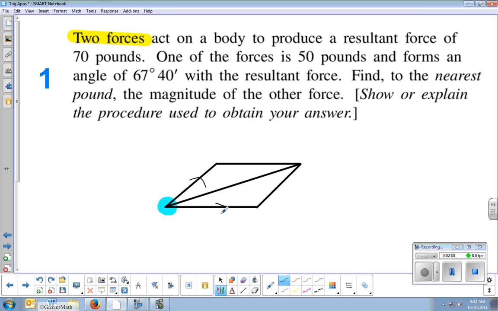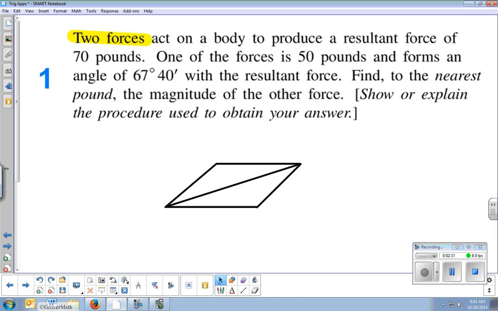You have another car that drives off in this direction. The boulder is going to go in between the two. The result is going to be in between. And so that's basically what's happening here with these force questions. But generally, you just want to draw this picture. When they talk about the forces, we're talking about the sides of the parallelogram. And when they talk about the resultant, we're talking about the diagonal. So the diagonal is the resultant.